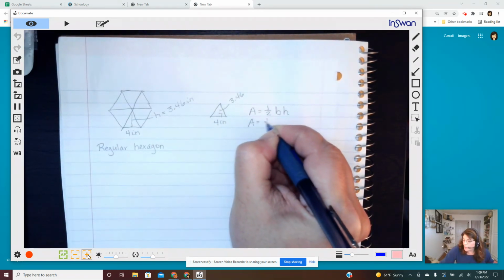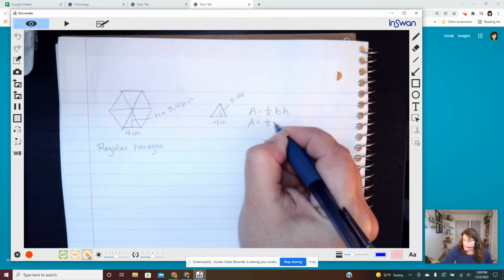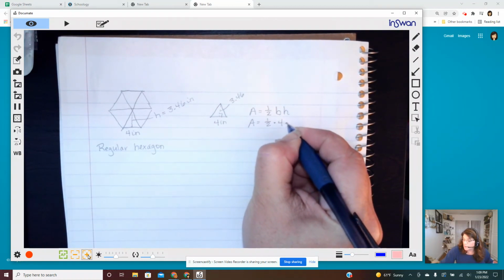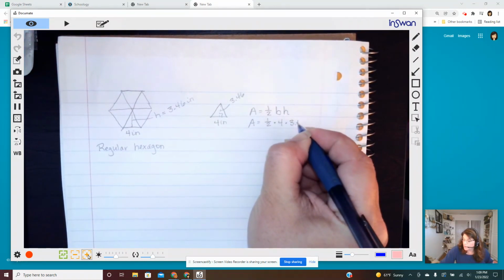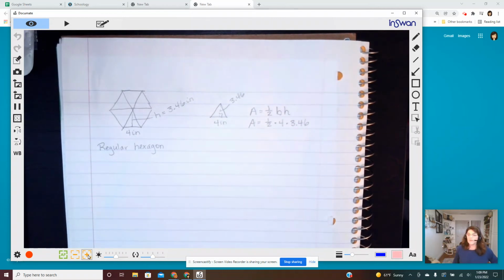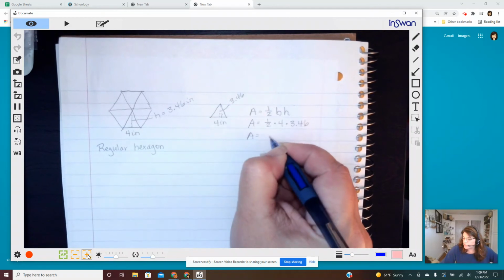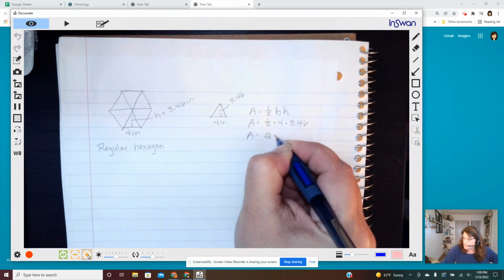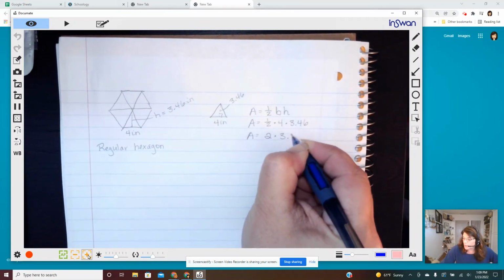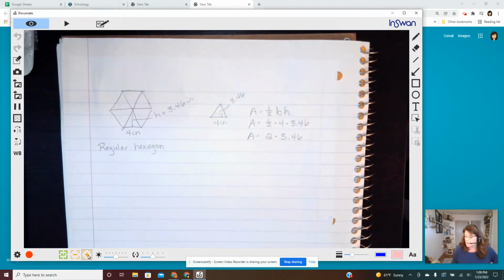Area equals 1/2 times 4 times 3.46. Well, this one worked out pretty well because I can do 1/2 times 4 or 1/2 of 4 in my head. Area equals 2 times 3.46.